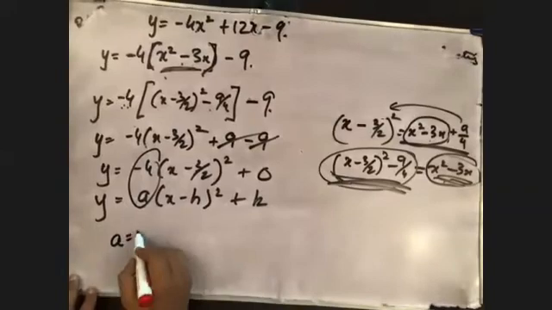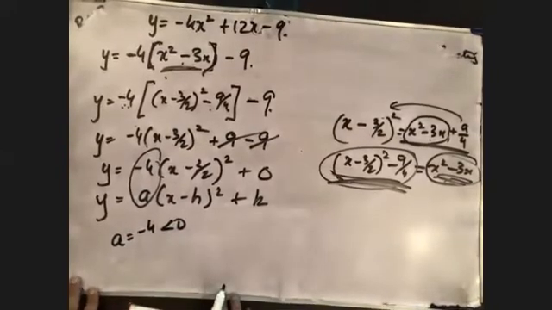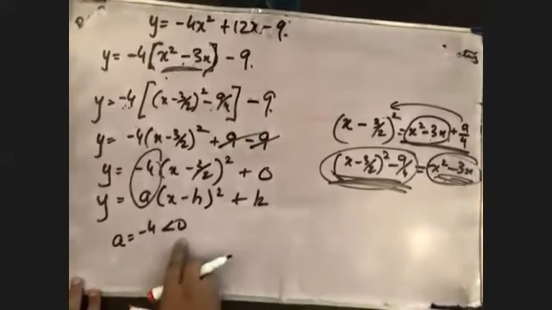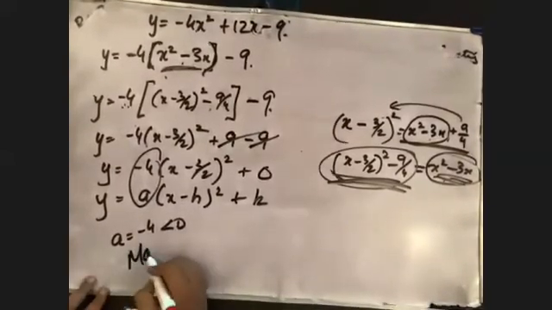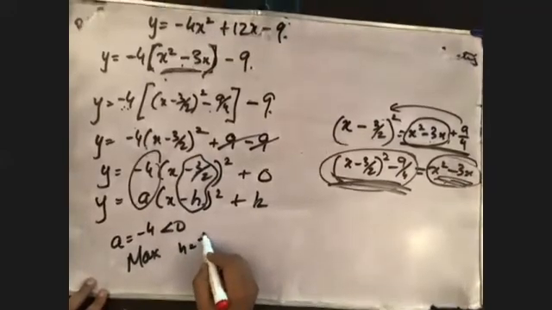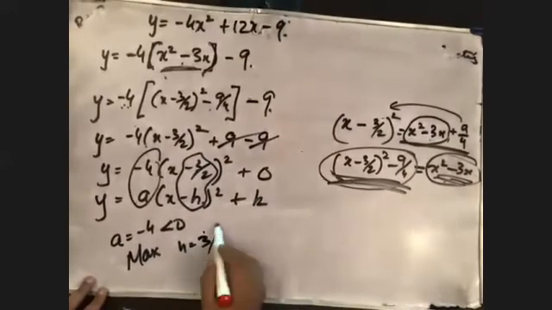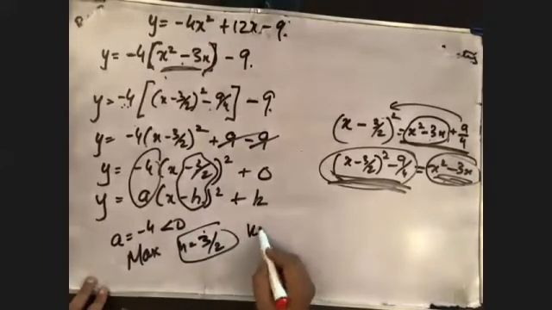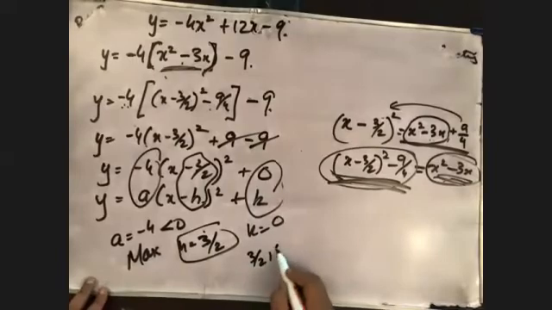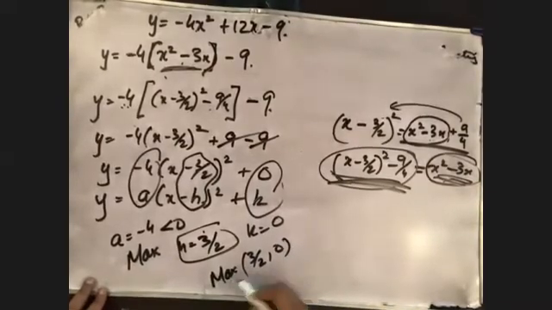A is equal to minus 4, which is less than 0. Therefore, it's a maximum. H takes the value of 3 over 2 and k takes the value of 0. So 3 over 2 comma 0 is the maximum point.